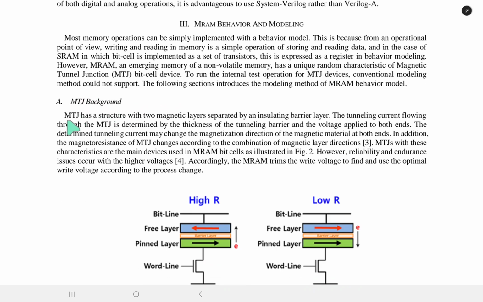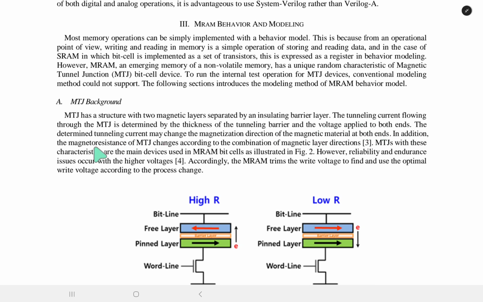MTJ background. An MTJ has a structure with two magnetic layers separated by an insulating barrier layer. The tunneling current flowing through the MTJ is determined by the thickness of the tunneling barrier and the voltage supplied to both ends.